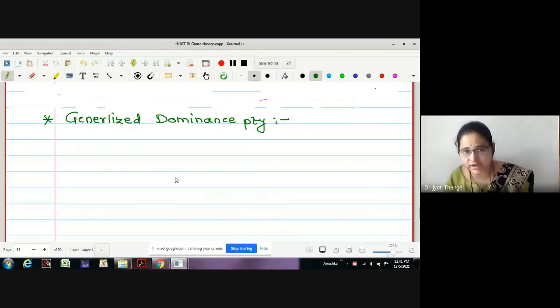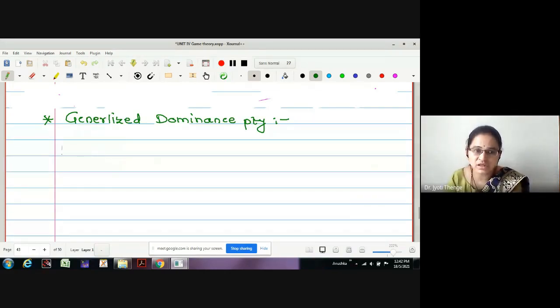But in generalized dominance property, if there are no rows and columns which are actually dominating one another, then in that case we were finding the average of two or more rows or columns, and whatever average we have obtained, we were going to compare it with the row, and if the row is dominated by the corresponding average, then the inferior row is deleted. Similarly, we are going to repeat it for the column.